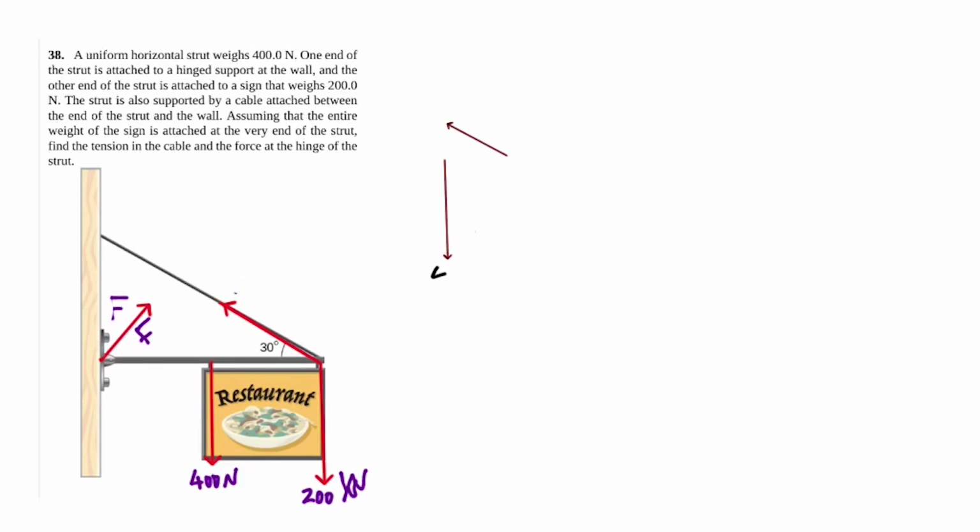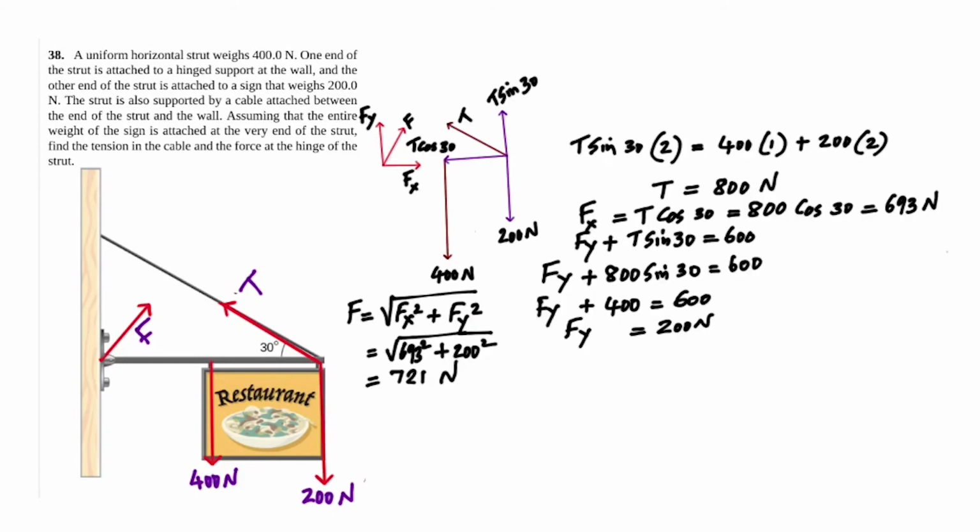Let me just, I'm erasing it, drawing again. Anyway, so here's the same diagram coming up there. I might as well show you the entire diagram. Here it is. So the force is resolved into Fx and Fy. Same thing with the tension. It's resolved into T cosine 30 and T sine 30. So you have the free body diagram here.